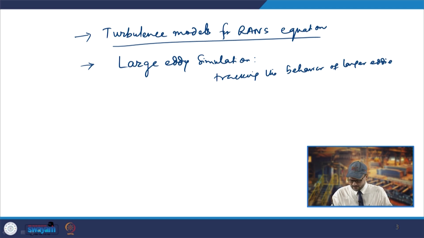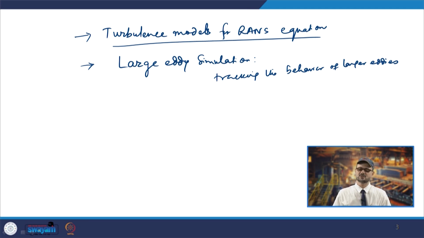What happens is that you will have the space filtering of these unsteady Navier-Stokes equations, and prior to the computation you will be doing this space filtration.